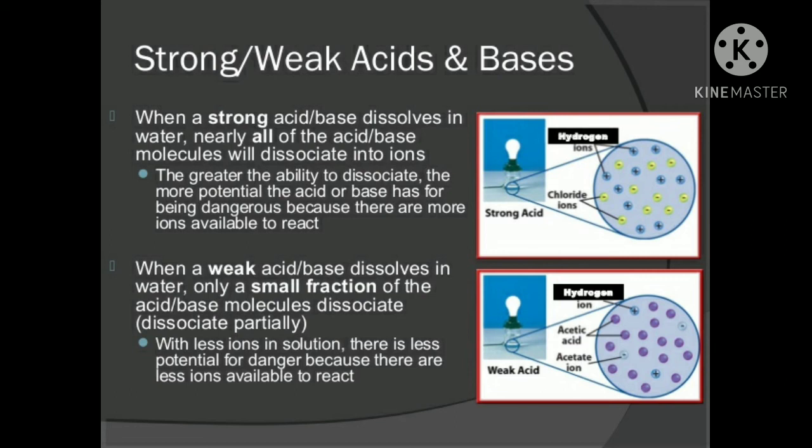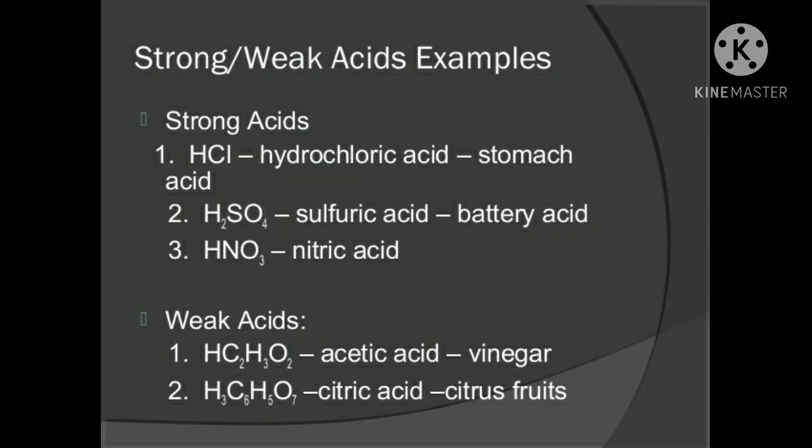A strong acid is an acid which dissociates almost completely in aqueous solution and produces a high concentration of hydrogen or hydronium ions. They almost contain only ions. For example, hydrochloric acid. Weak acids are those acids which dissociate only partially in aqueous solution, thereby producing a low concentration of hydrogen ions or hydronium ions.